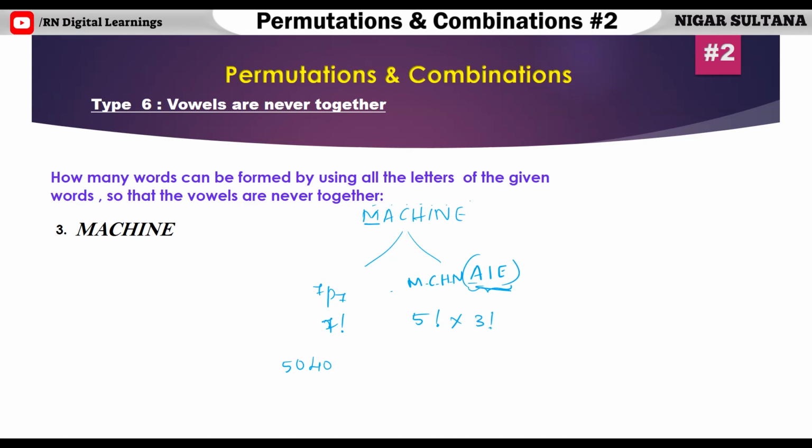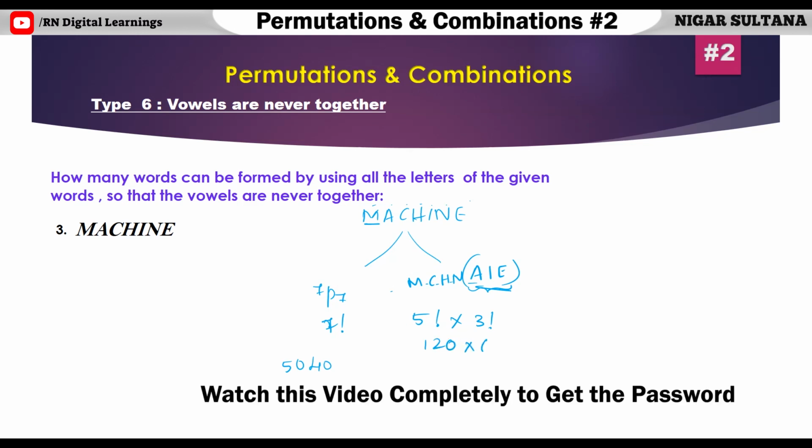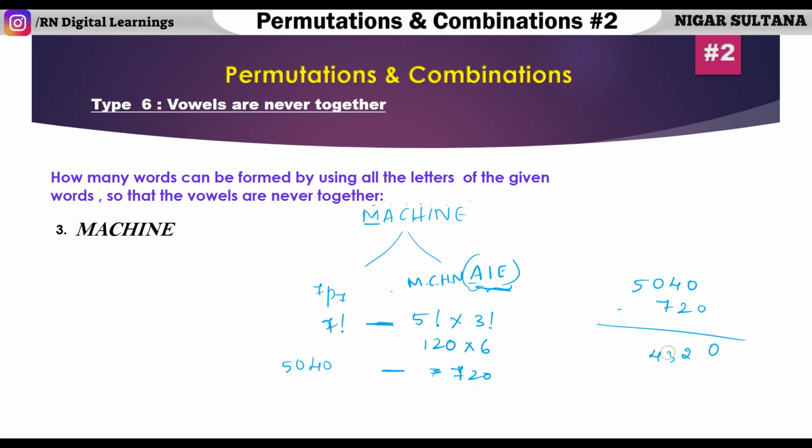So the same value we will get, that is 120 into 6, that will give me 720. So now this is subtraction actually, right? So what is 5040 minus 720? We will get the same answer as our previous problem, 4, 3, 2, 0. So the answer is 4320. Yes, now let's see the last problem of this type.